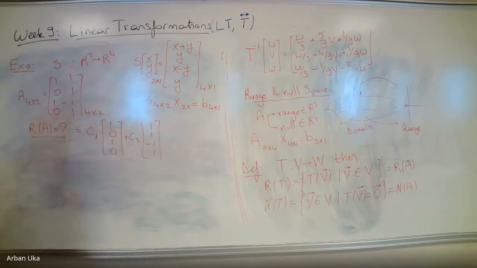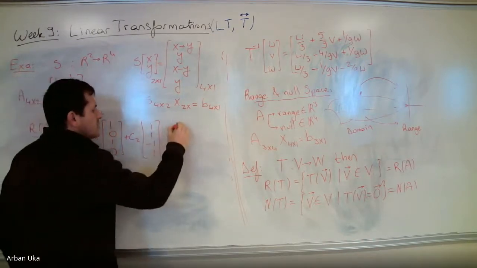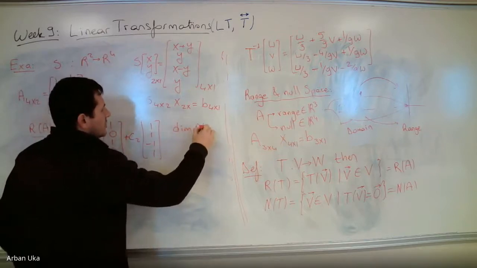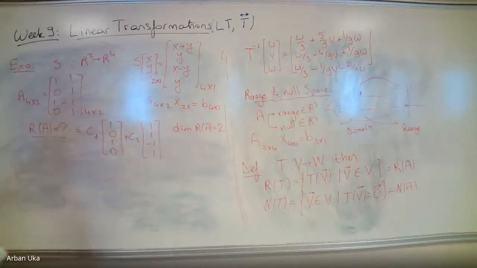Okay? And what is the dimension of the range of A? It looks like the dimension of the range of A is simply equal to 2, right? Because it's composed of two vectors.